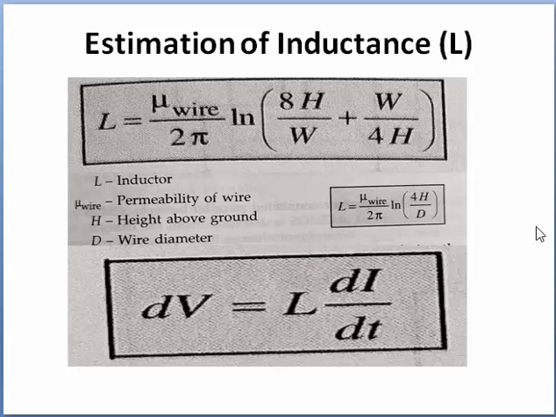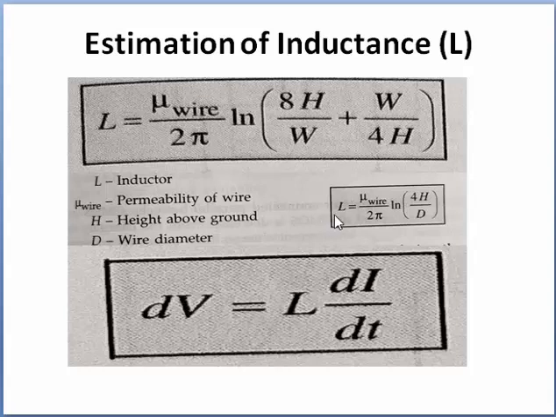For calculating the inductance on a chip of a conductor, we can express it as L is equal to mu wire over 2 pi ln of 8H over W plus W over 4H, where L is inductance, mu wire is permittivity of wire, H is height above ground, and W is wire diameter or width.